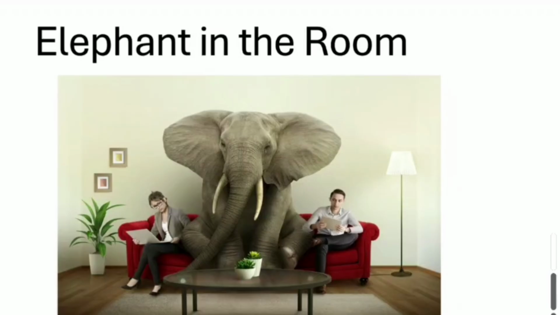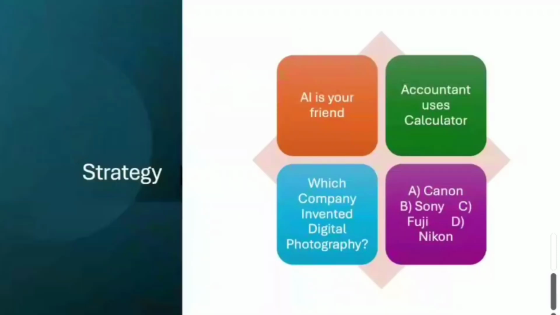You have to acknowledge it. Now, in this situation, what is your strategy? So, the first thing is AI is your friend. Think of AI as your friend and how you can benefit from it.